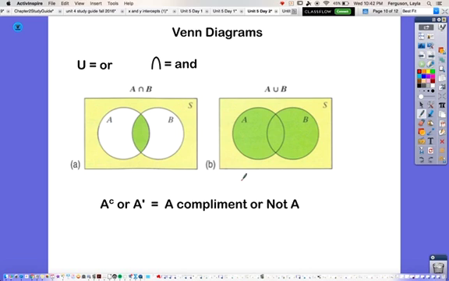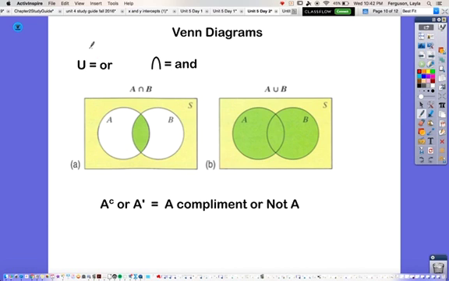Venn diagrams. You are probably familiar with Venn diagrams because you start them very, very early in your math career. One thing that you probably don't talk a whole lot about is the notation that we use for that. What we do is we let this U shape be "or," and we let this upside down U shape be "and."